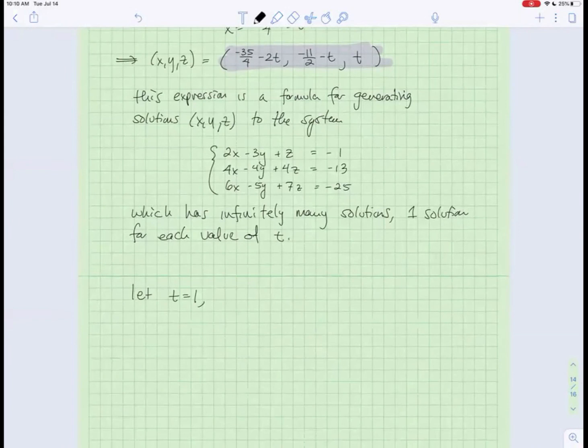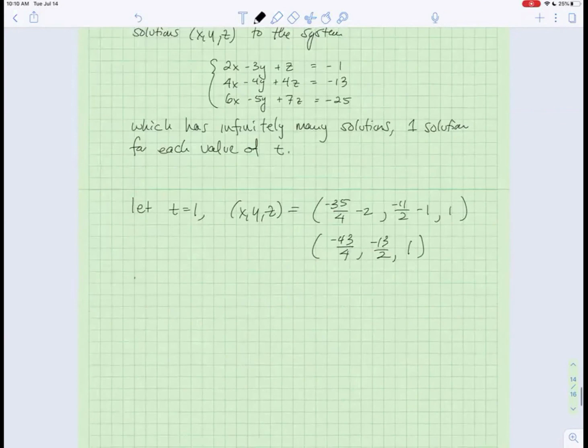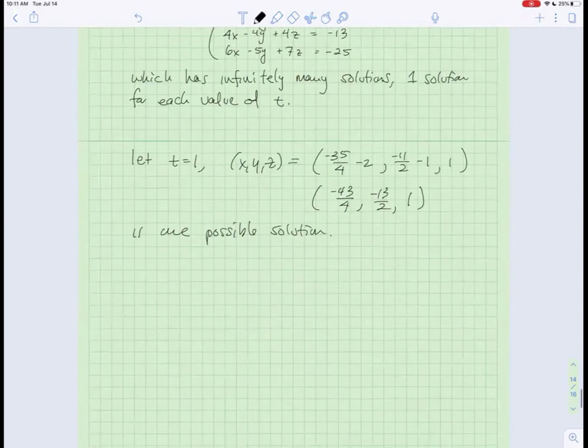If t equals 1, then x, y, z is equal to negative 35 over 4 minus 2, negative 11 over 2 minus 1, 1, which is the ordered triple. Let's see, that's 8 minus 8 more, negative 43 over 4, negative 13 over 2, comma 1 is one possible solution. You want another one?